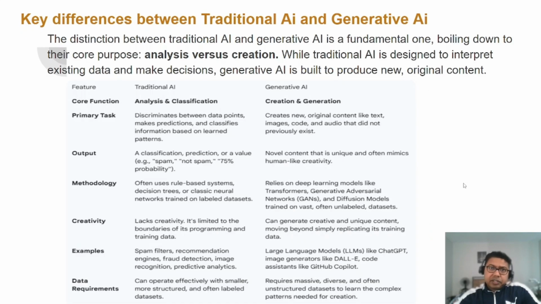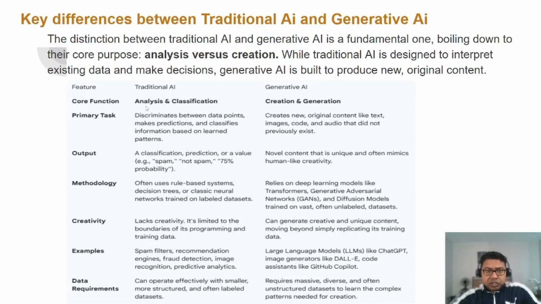Now the key differences between traditional AI and generative AI. So now at the end of this slide, we know the difference between traditional AI and generative AI. Basically traditional AI never used to create new content, but generative AI creates new content.